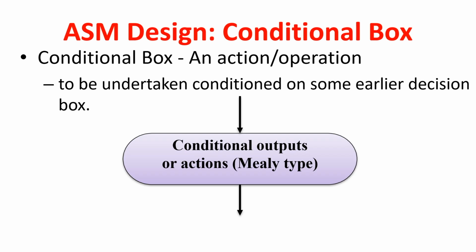And in ASM the most important component is called the conditional box, which is not available in a flowchart, not available in a regular FSM. But to model Mealy machines we require this kind of thing, and in ASM it is available.